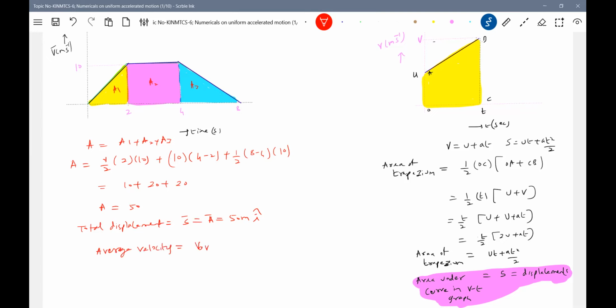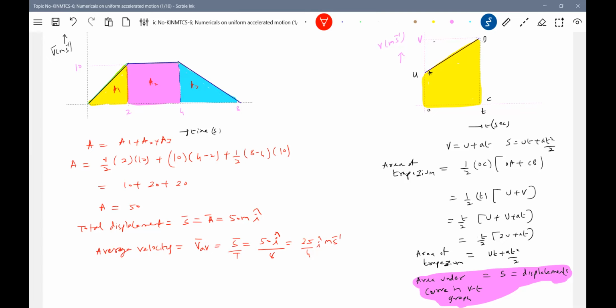What is the average velocity? It should be equal to S bar by T. What is S bar? 50 i cap. What is the time interval? 8. The body is in motion for 8 seconds. So 25 by 4 i cap meter per second.